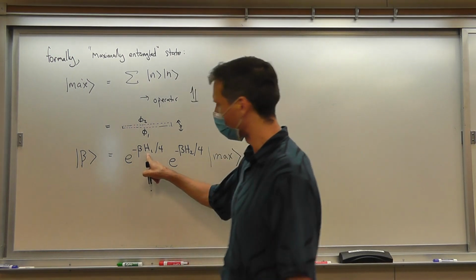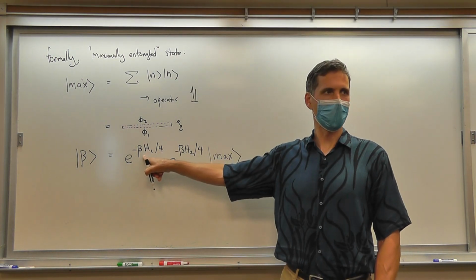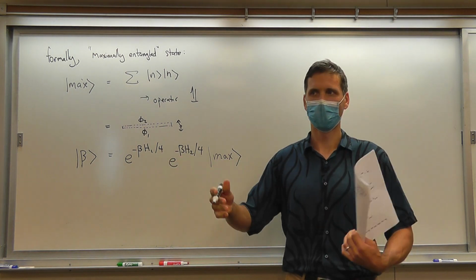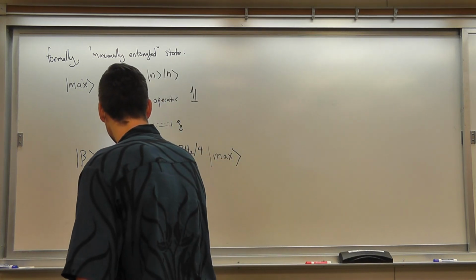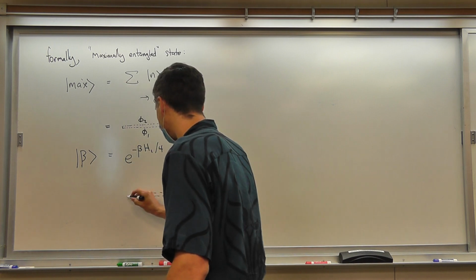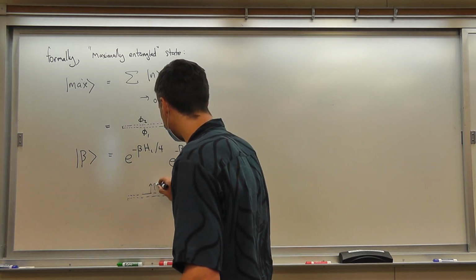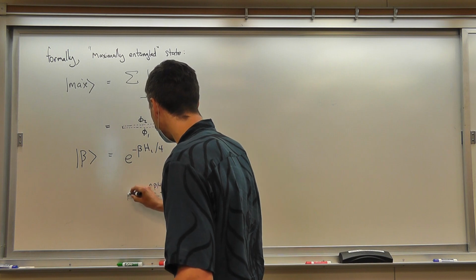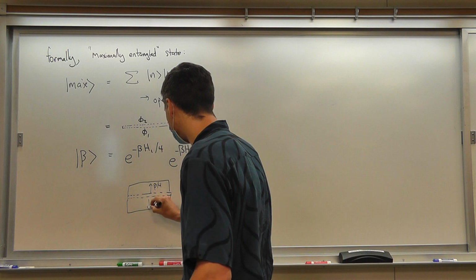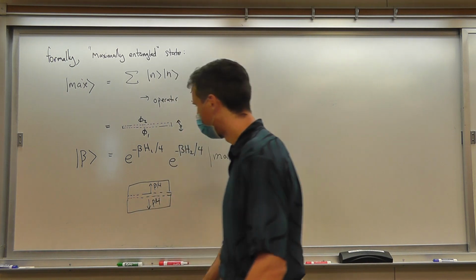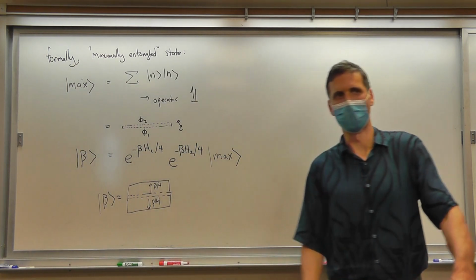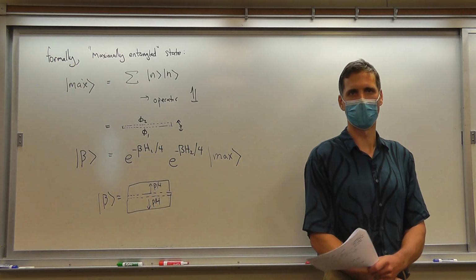Okay, so what does Euclidean evolution by the Hamiltonian do? It just makes the strip longer. So we start with a state on the nothing strip. Then we evolve by beta over 4 up this way, and we evolve by beta over 4 down that way. And that gives our path integral for the thermofield double on a strip of size beta over 2.